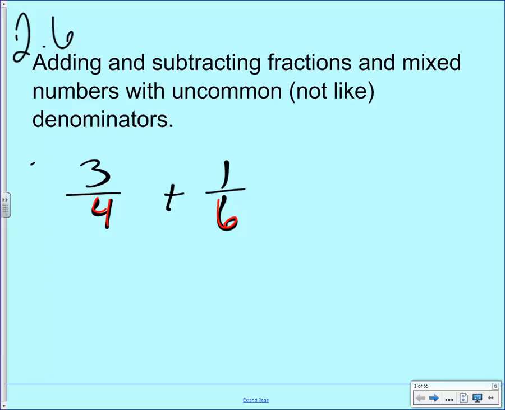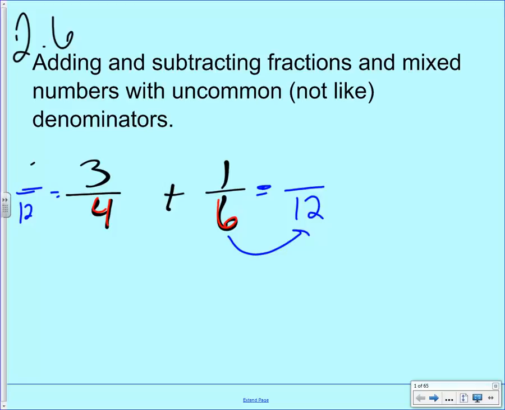So I'm going to rewrite this, and I'm going to put 12 over here because I want to change this and let the 6 become a 12. I also want to do the same thing over here, and I want to change this to also become 12. Okay, so I'm asking myself, 6 goes into 12 how many times?